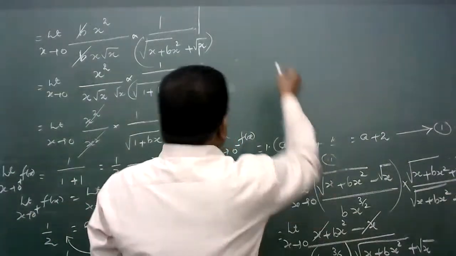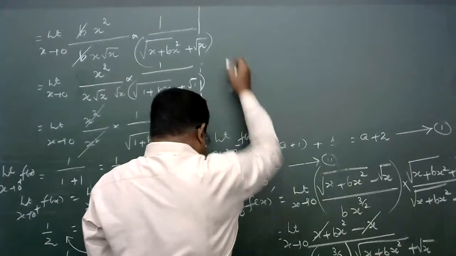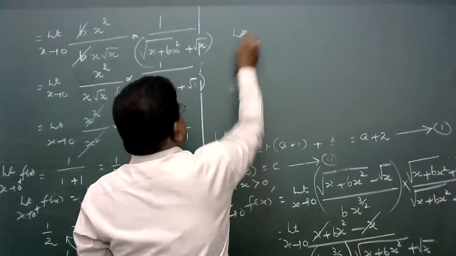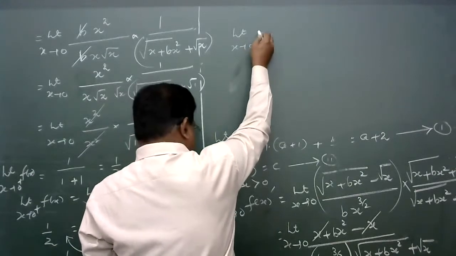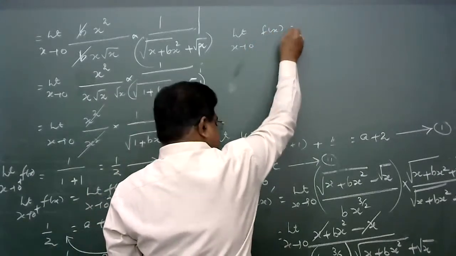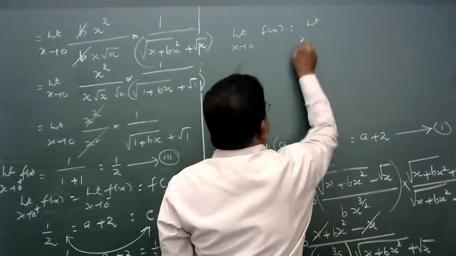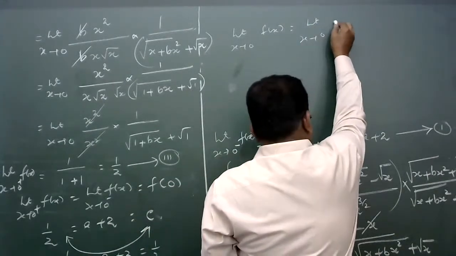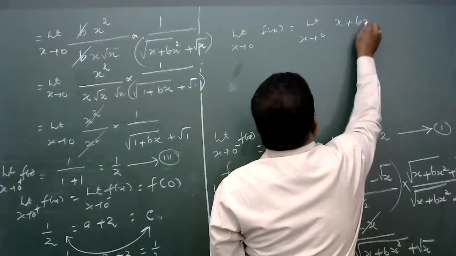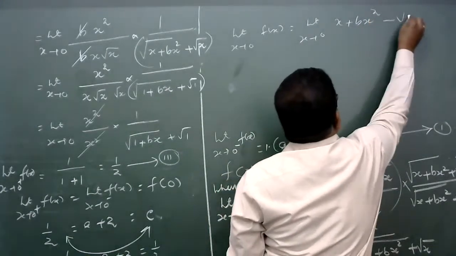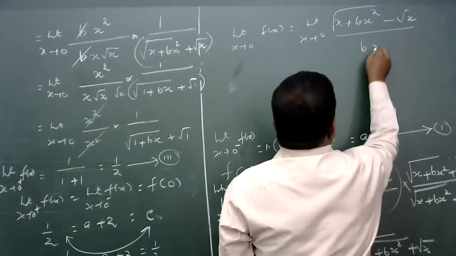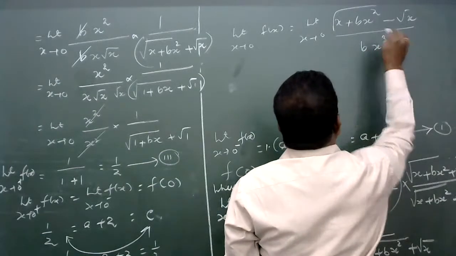Let us come to the function where it is defined when x is greater than 0. Limit x tends to 0 f of x is equal to limit x tends to 0 of root of x plus bx squared minus root of x, the whole upon bx to the power 3 by 2.